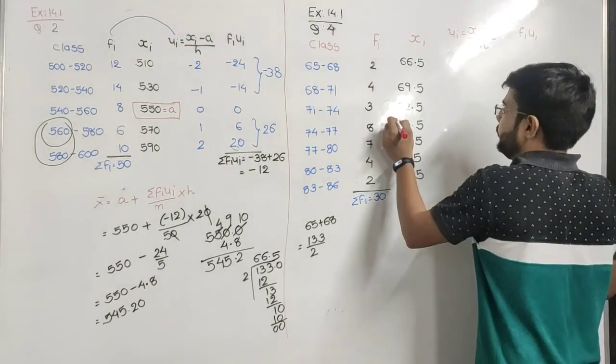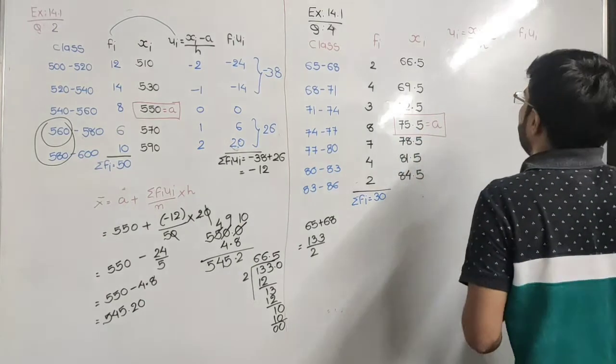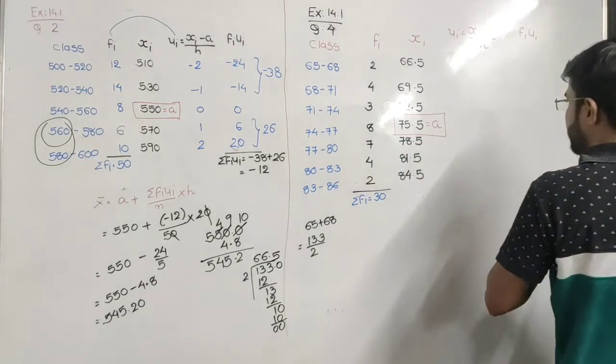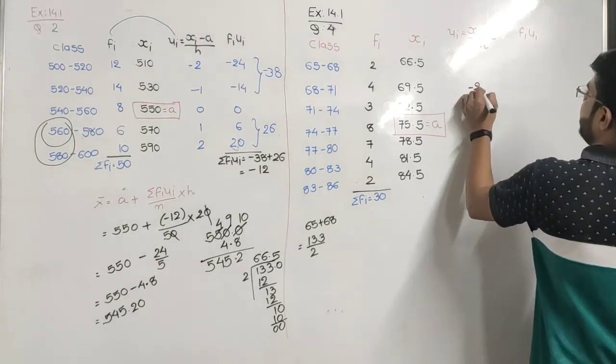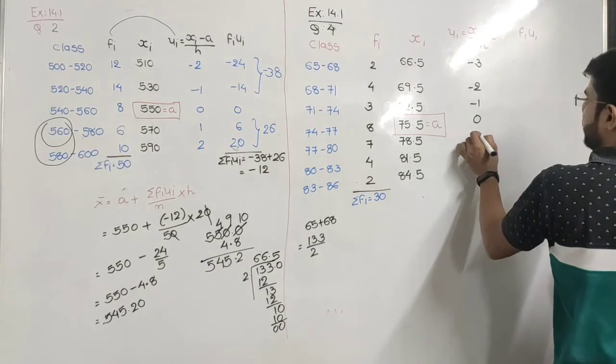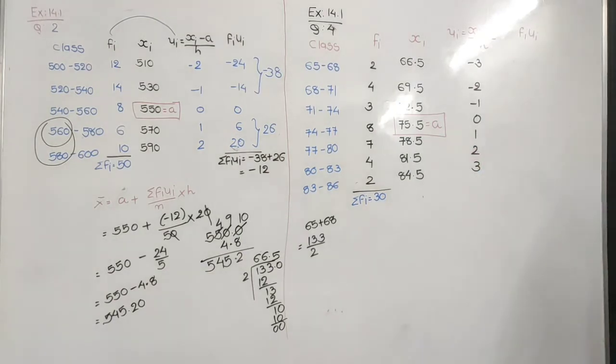Now we have to choose a. As you can see, we will take 75.5 as a. So this will be 0, minus 1, minus 2 and minus 3, and 1, 2, 3. You can solve this sum by the assumed mean method, but if we choose step deviation, it will be easier for us.